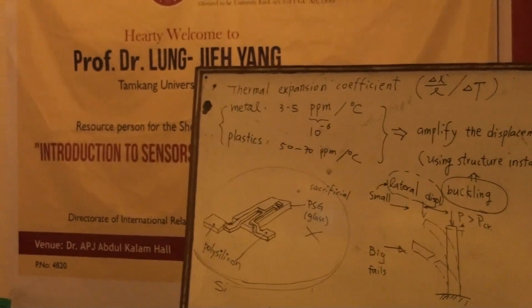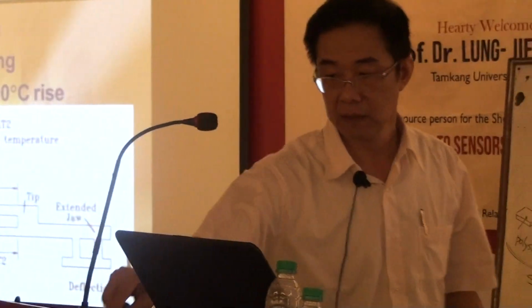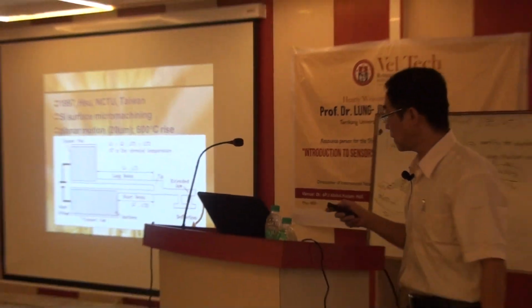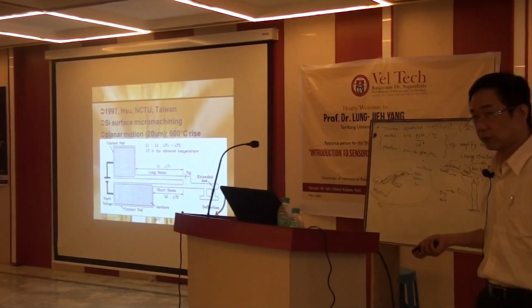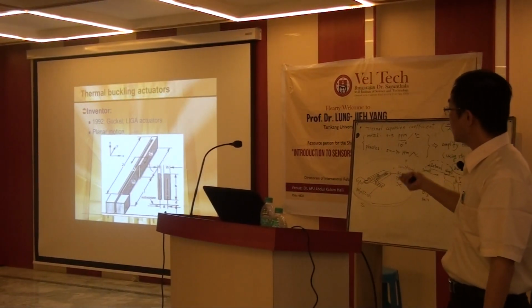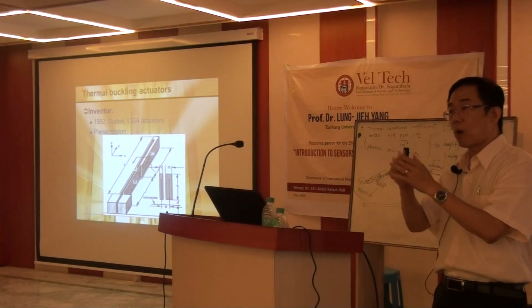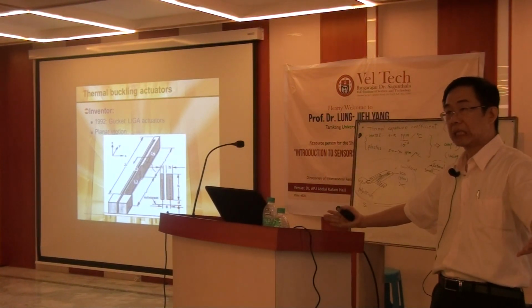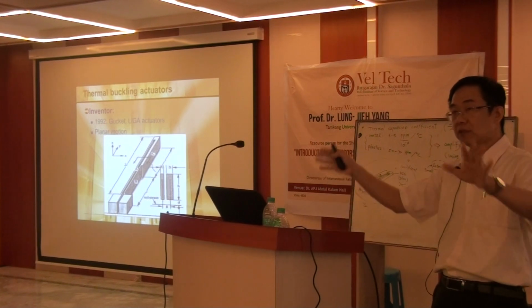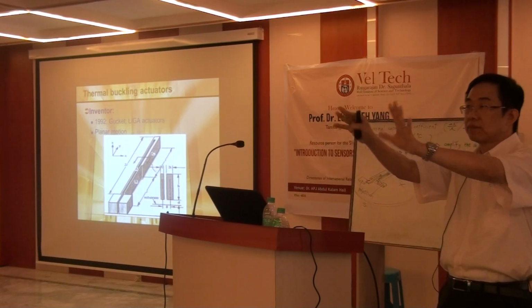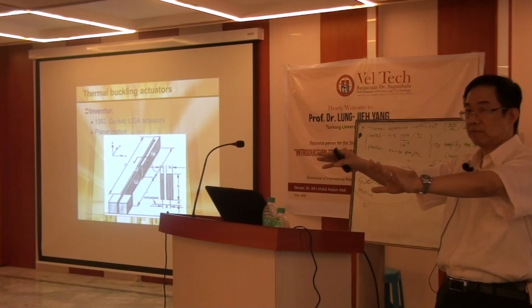So the difference about this design, compared to the design of Professor Guckel, is only the geometry difference. For Guckel, one beam is narrow, one beam is wide, so it changes the resistance.